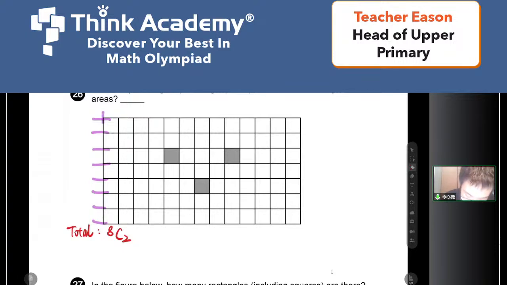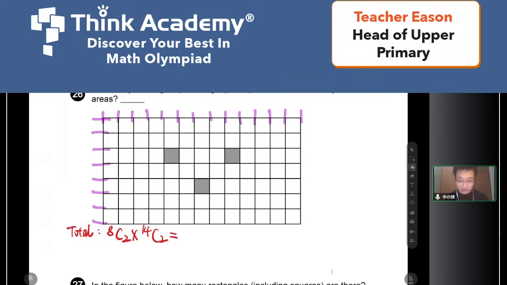And then 1, 2, 3, 4, 5, 6, 7, 8, 9, 10, 11, 12, 13, 14, so we choose 2 vertical lines from the 14 to be the width. Once we determine the 2 lengths and 2 widths, a rectangle is determined. So this is the way we calculate the total number of rectangles in the whole figure.